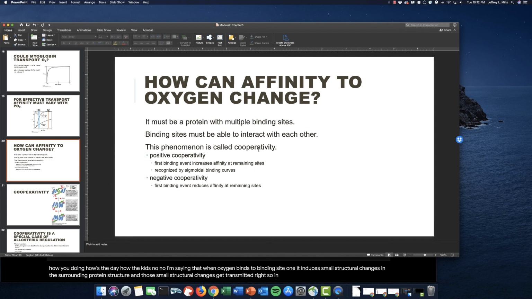So in hemoglobin, you have an alpha and a beta subunit sitting next to each other. So if oxygen binds in the alpha subunit, you get structural changes in that protein, and those structural changes get transmitted to the beta subunit, which undergoes its own set of structural changes, and that opens up the binding site so that oxygen binds easier.